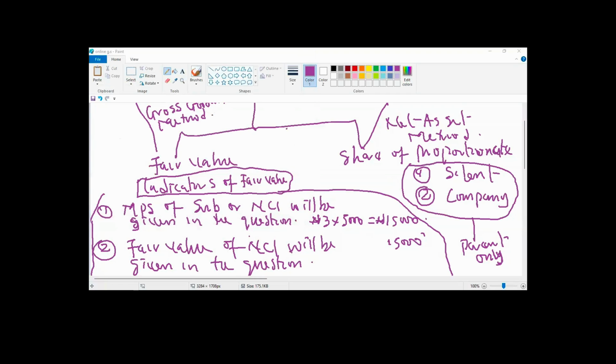What is the market price per share of Boti Limited at date of acquisition? And D. Goodwill attributed to NCI at date of acquisition. That is it.